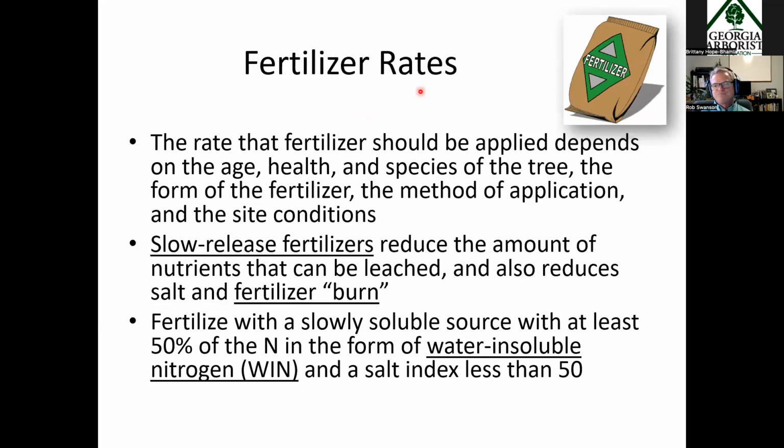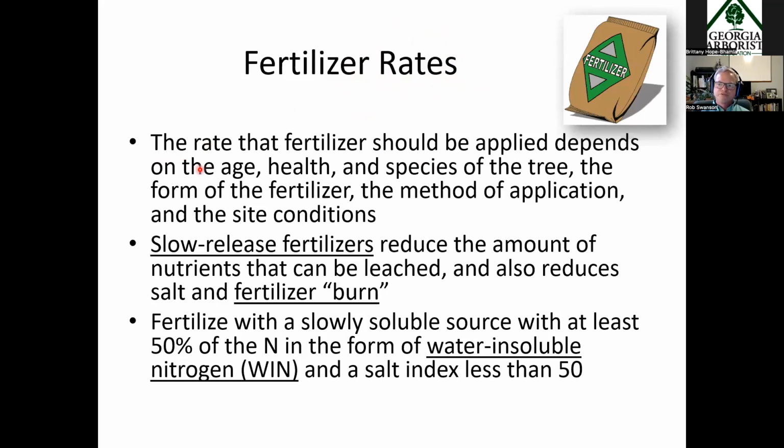Fertilizer rates. If you think about a rate, that is distance over time, sorry. It's like your miles per hour. Miles per hour is a rate. So fertilizer rates have to do with the application, how much of the product you're putting down over a certain amount of area.